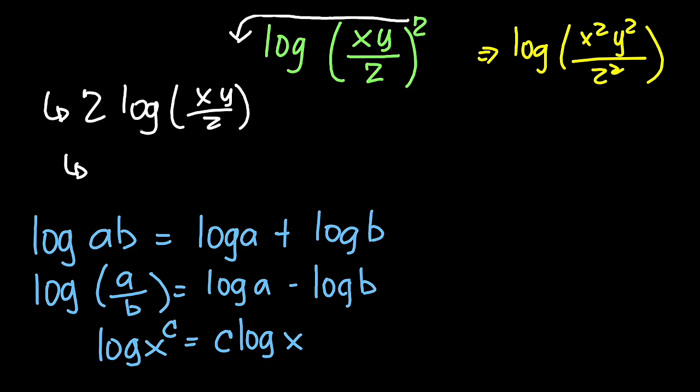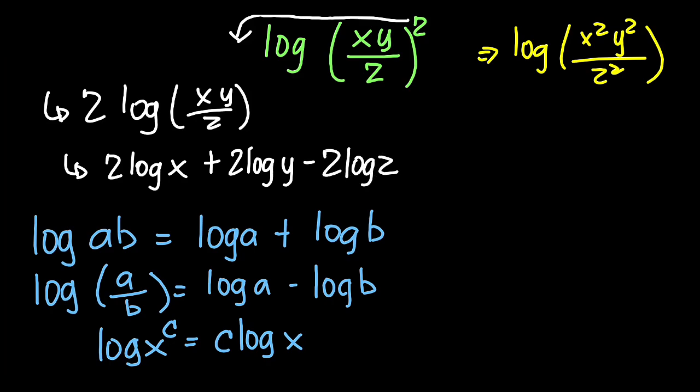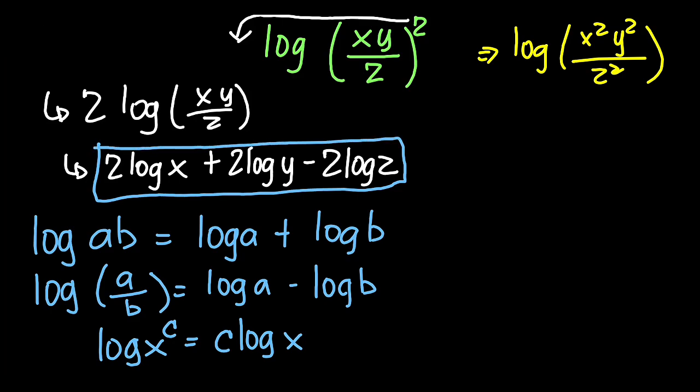And so, by expanding this expression, this would be 2 log of x plus 2 log of y. And since this is a denominator, this would be minus 2 log of z. And if you do it this way, this would be log of x squared plus log of y squared minus log of z squared.